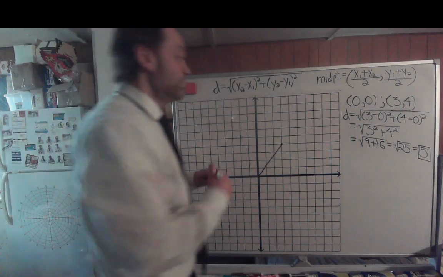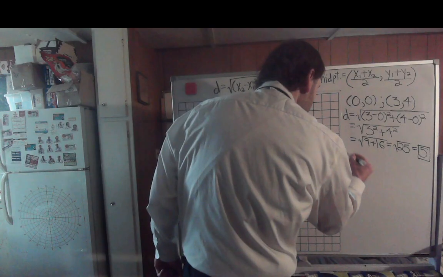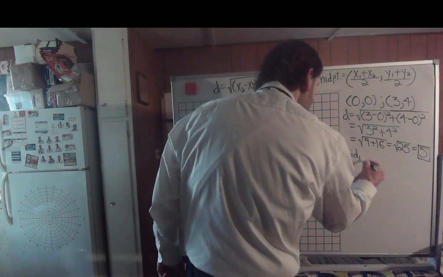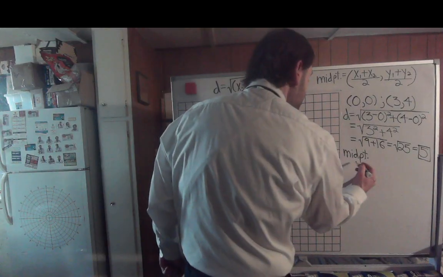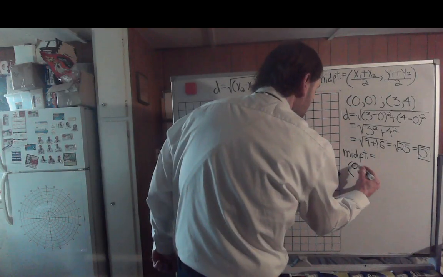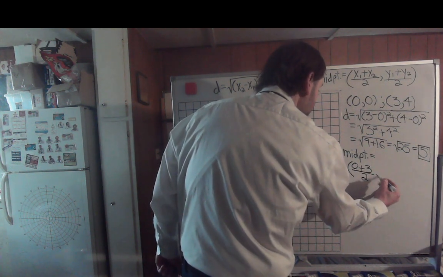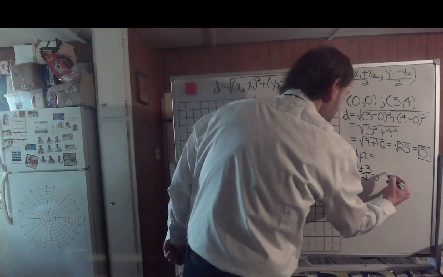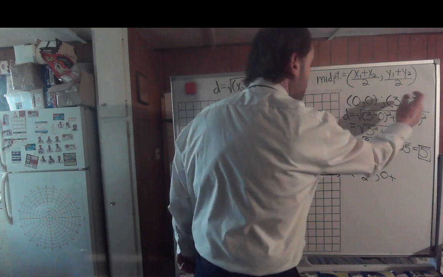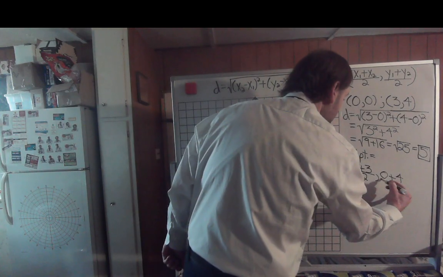Now what about the midpoint? In this case, to find the midpoint, I'm going to take my first x-coordinate of 0 plus my second x-coordinate of 3, divide that by 2, then take my first y-coordinate of 0 plus my second y-coordinate of 4, divide that by 2.